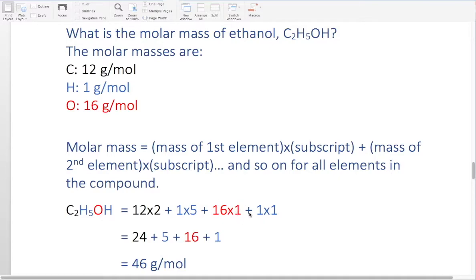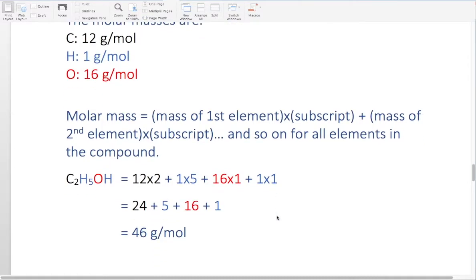So 16 times 1, and then 1 for this additional hydrogen here, times 1 because there's one of them. You're going to do all your multiplication first, and then your addition, and you get a total of 46 grams per mole for this compound. So practice some of those and make sure you're comfortable with doing that calculation.